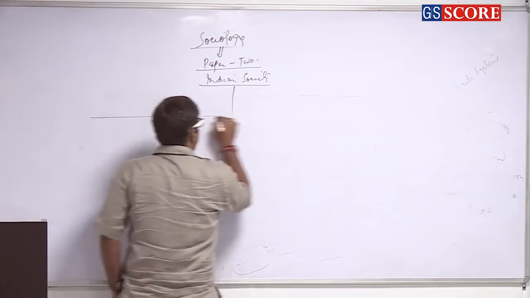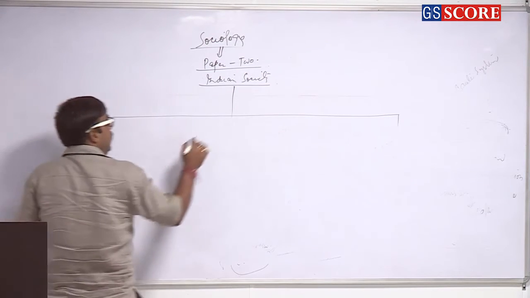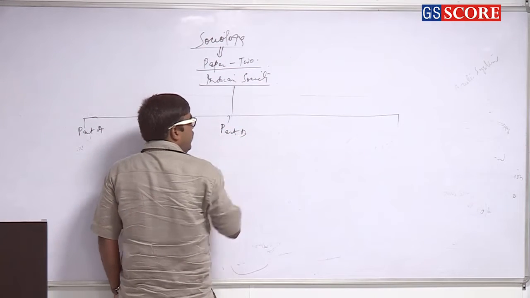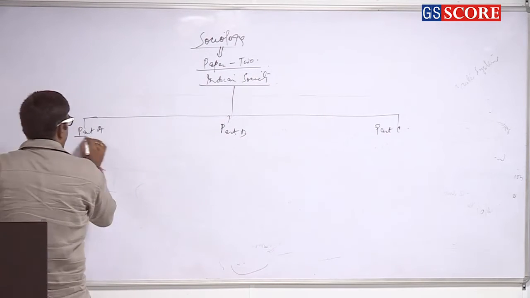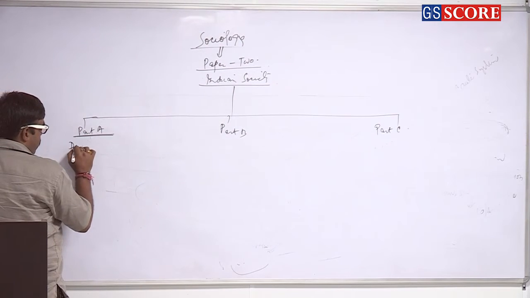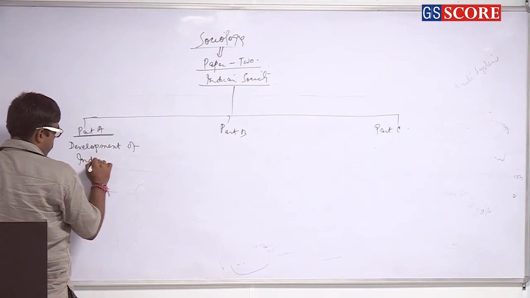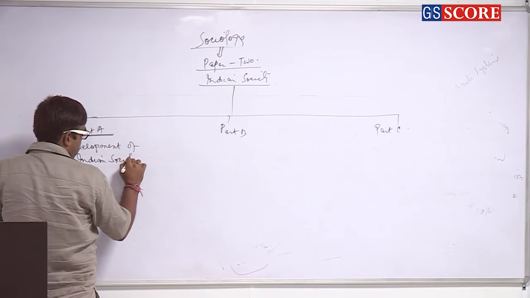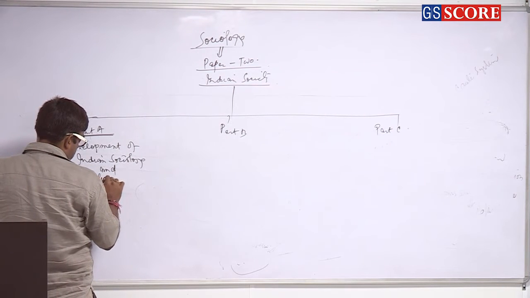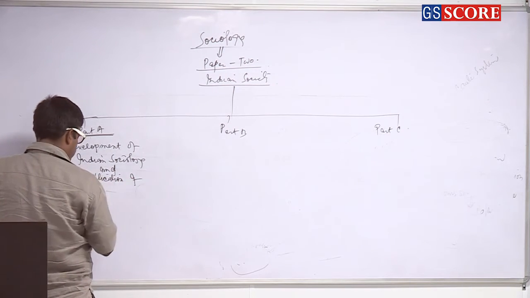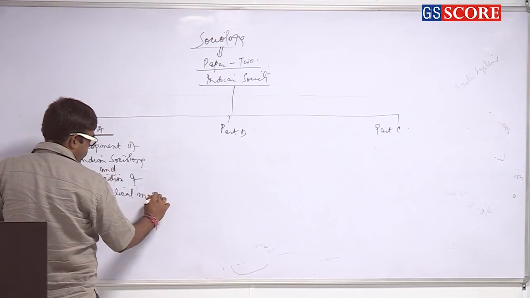Like the first paper, we will also be dividing that into 3 parts, that is part A, part B and part C. Part A is all about the development of Indian sociology and application of theoretical models.